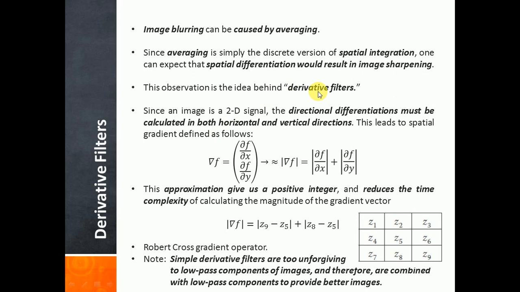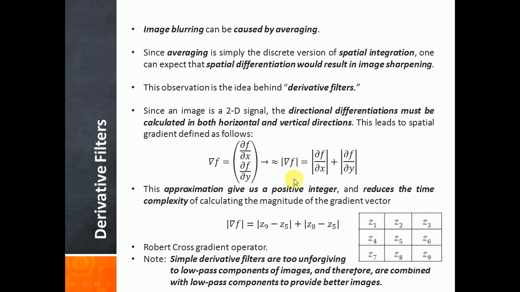Now derivative filters are again kind of like high pass filters, but here, because we're talking about images which are two-dimensional in nature, your derivative has to be both in terms of x and y domain. A good approximation is this. Now, because we are not dealing with continuous numbers, we're dealing with pixels, and these pixels have values.